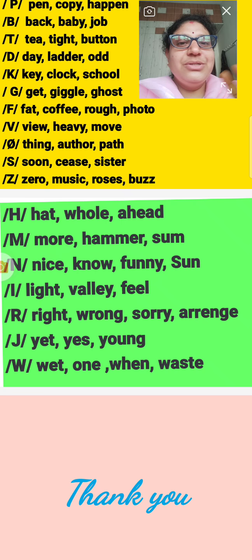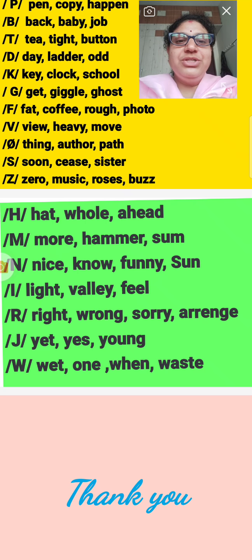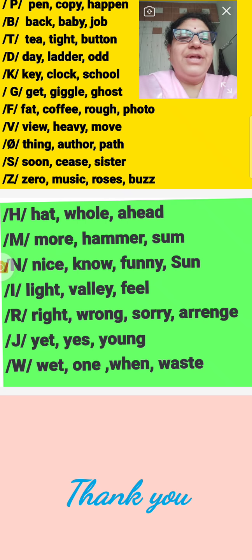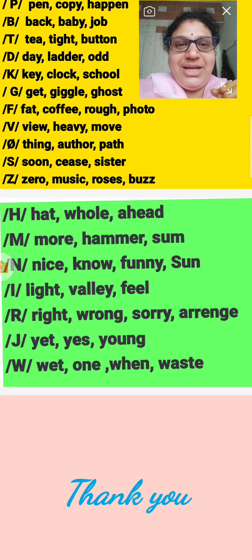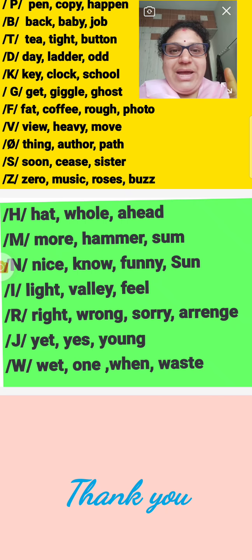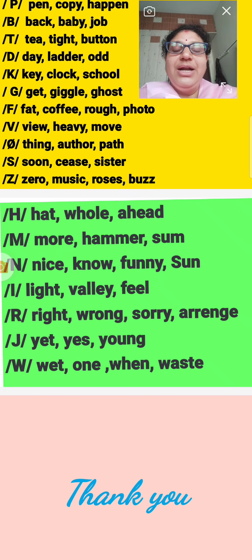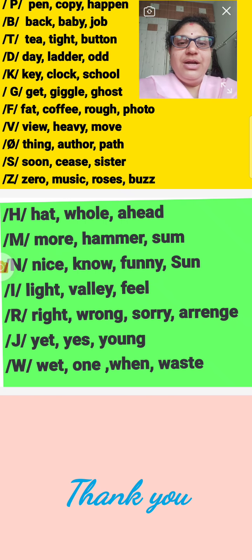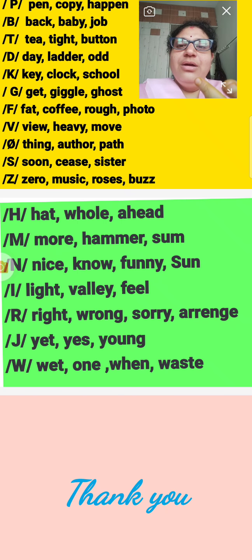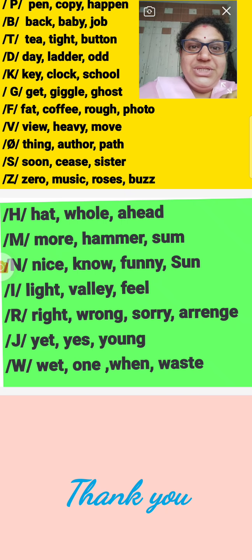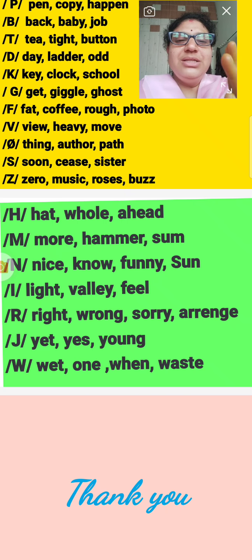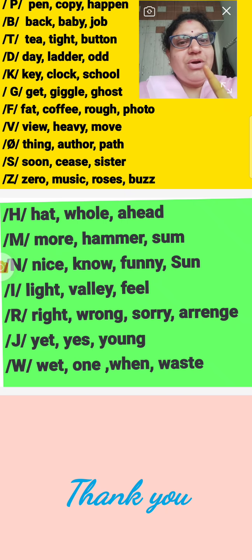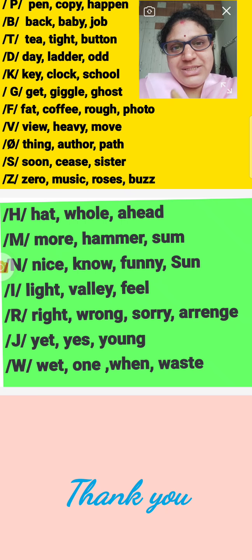So the magic of the words, the magic of the sentences, the magic of the alphabets is there only in English itself. I already told you about the Z: if you take the example of music, the Z letter is not there, but you have to pronounce it as Z itself.